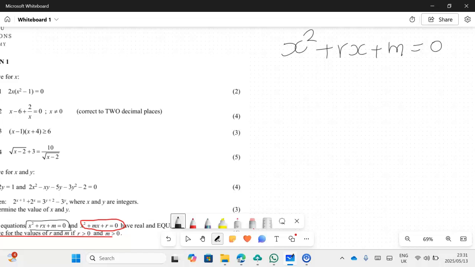So I'm going to focus first on this equation. I want you to have real roots. Remember, the real root will use the discriminant.